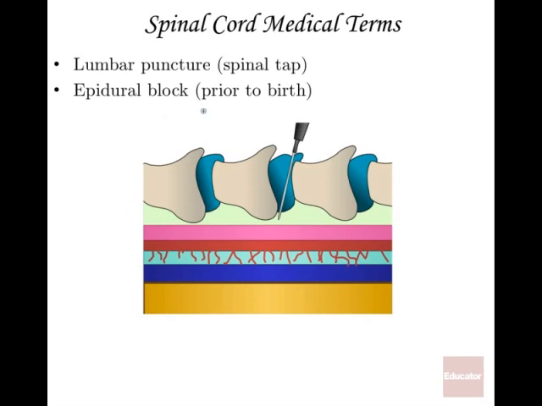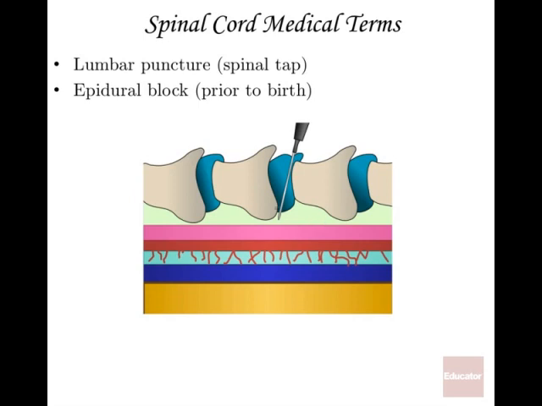Epidural block. This is done for numerous reasons, but one of the most common ones is if a woman's going through labor and doesn't want to feel the pain of childbirth as much. So an epidural block is the opposite of the spinal tap, because they're actually injecting some anesthesia, some medication that is going to reduce the pain.